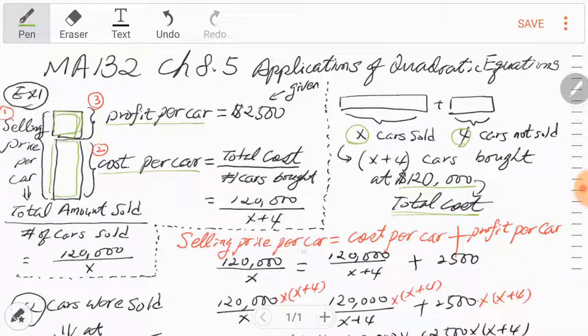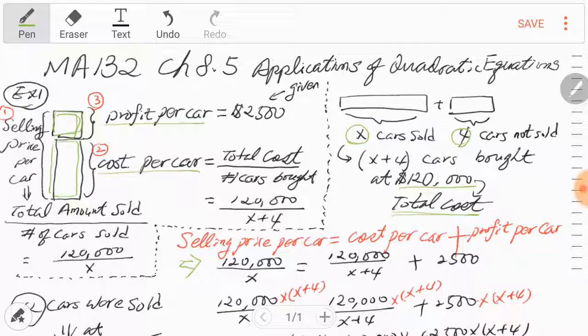So selling price per car is $120,000 divided by X. The total cost per car is what? The total cost divided by X plus 4, the total number of cars, plus the profit per car, which is $2,500. That is given. And then this is the equation that we are looking to solve for X.